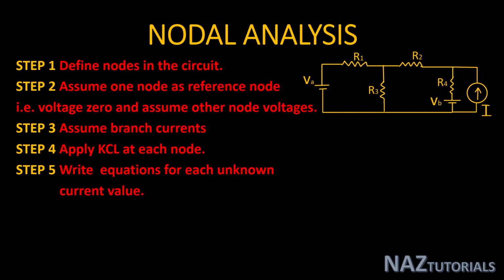A point where R1, R2 and R3 are meeting is our node 1, and a point where R2, R4 and the current source are meeting is our node 2, and our base point is our node 3, where these four branches are meeting: voltage source, R3, R4 and current source.